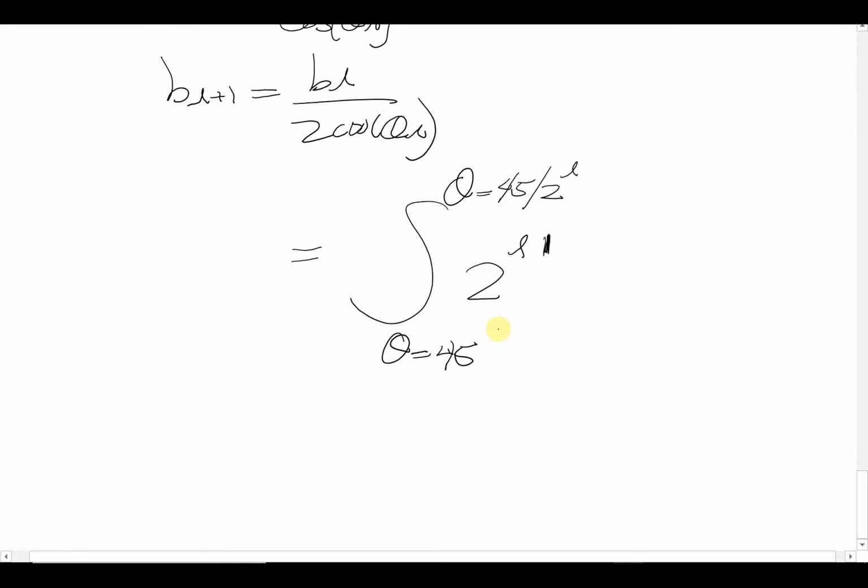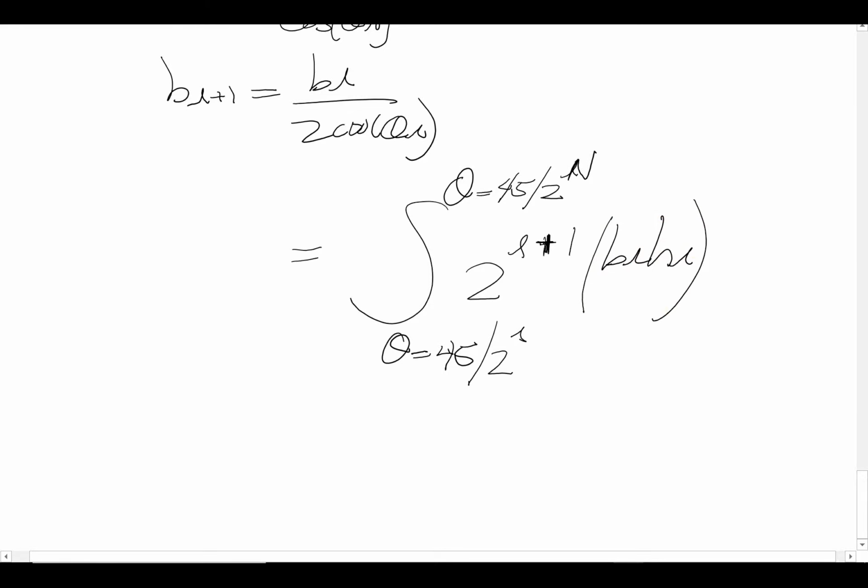So this is theta equals 45 over 2 to the i, 2 to the n power. So essentially we could relate it, if we're starting with i as 1, or this is i plus 1, and this is just going to be bi hi.